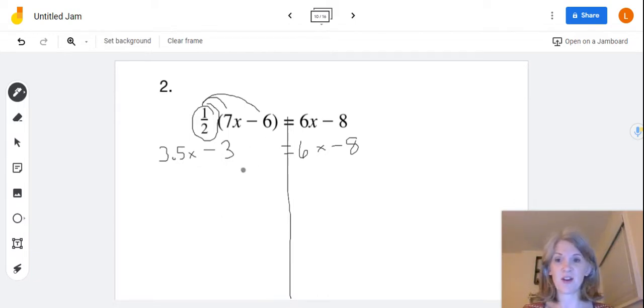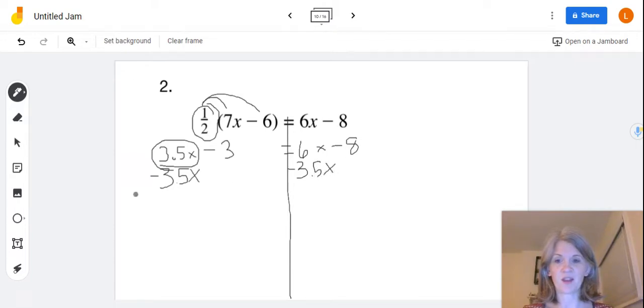So I'm going to go ahead and get rid of this 3.5x. The opposite of positive 3.5x is negative or minus 3.5x. Anything I do to one side, I have to do to the other.